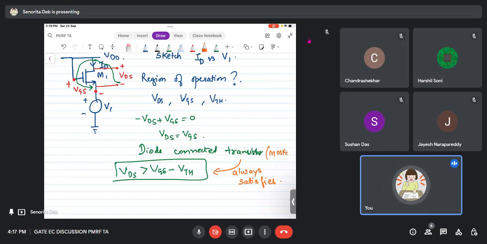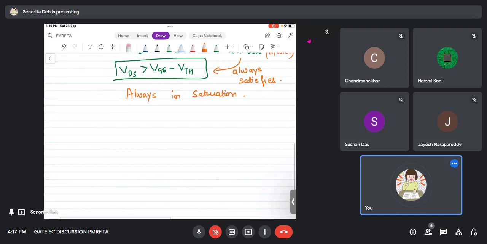A diode connected MOSFET will always satisfy this condition, and therefore it is always in saturation. That means which formula will I use? ID equals half mu n COX W by L times VGS minus VTH whole square.